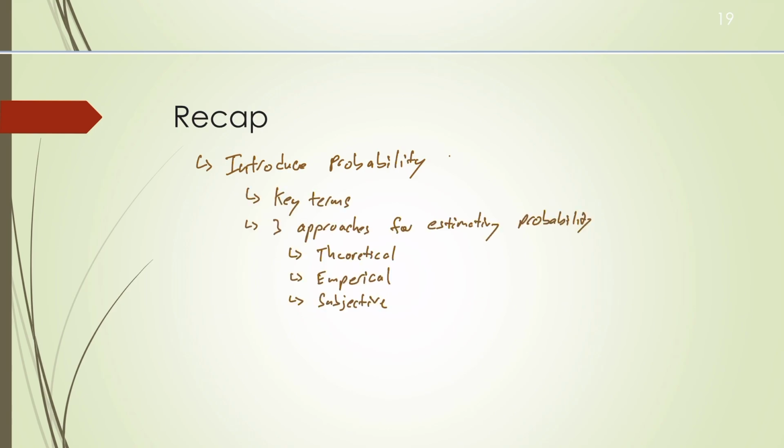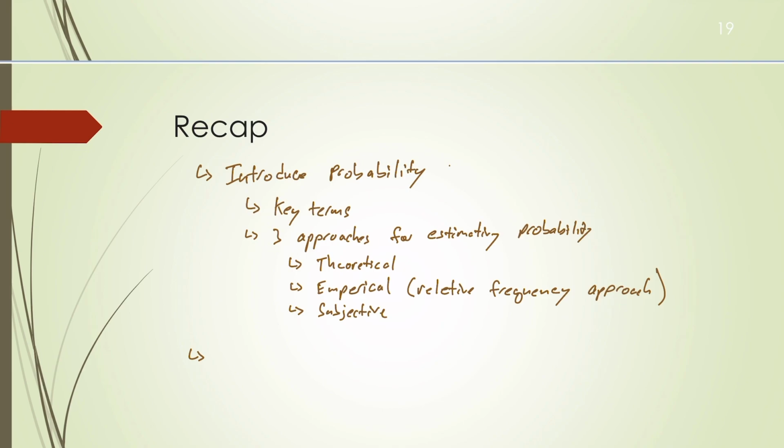Recap. So today we introduced probability. We looked at key terms, and we looked at the 3 approaches for estimating probability: theoretical, empirical, which, to say in passing, is also referred to as the relative frequency approach, because it's computed by finding the frequency divided by the total number of occurrences, so that's the relative frequency. And then the subjective approach.